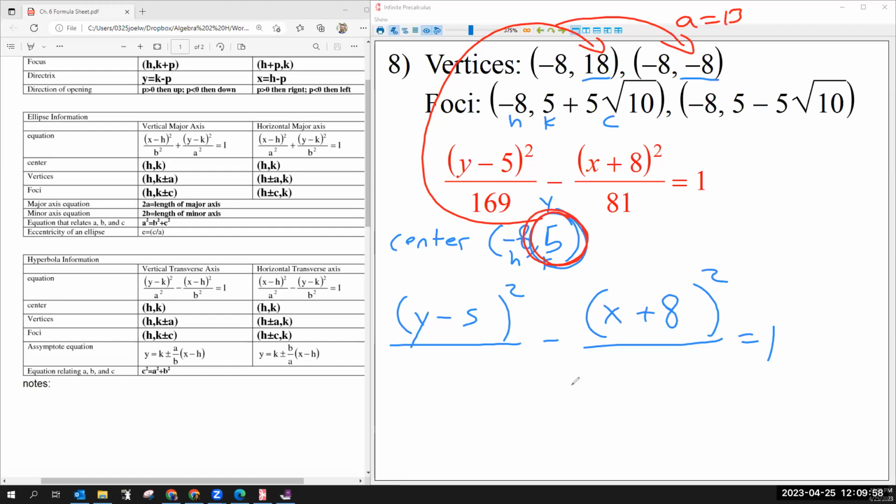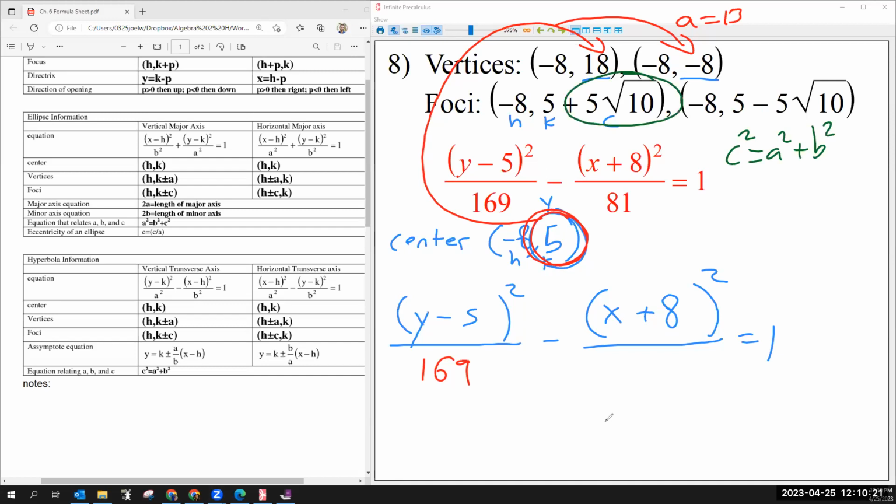Well, if a is 13, what's 13 squared? And so my a always has to come first. And then c squared equals a squared plus b squared. Now my c is a mixed radical.